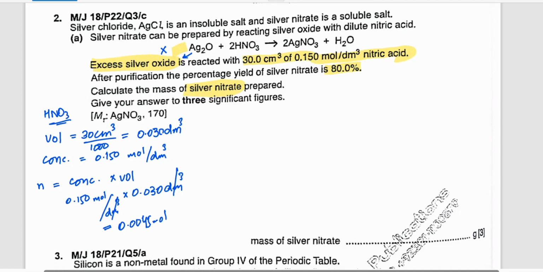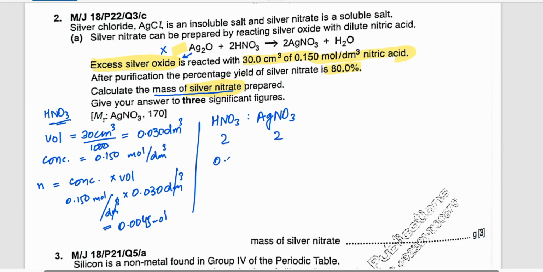So now we can compare HNO3 with AgNO3 to find out the number of moles of AgNO3, because we have to find the mass of silver nitrate. Here we use the balanced chemical equation and the ratio method. When HNO3 is reacted with Ag2O, how many moles of HNO3 are used to form AgNO3? 2 moles of HNO3 form 2 moles of AgNO3.